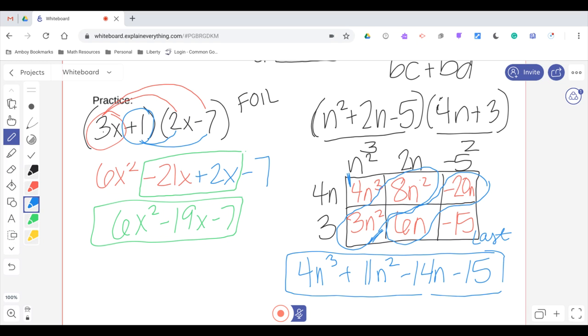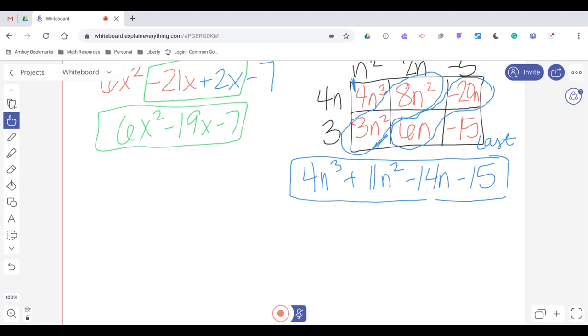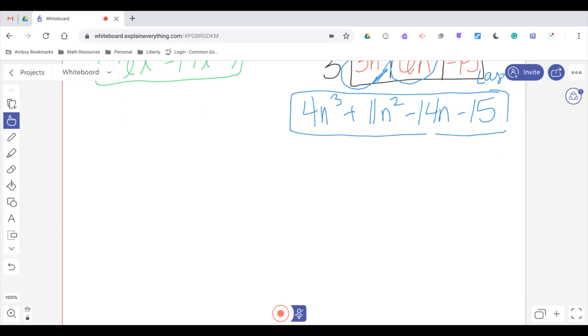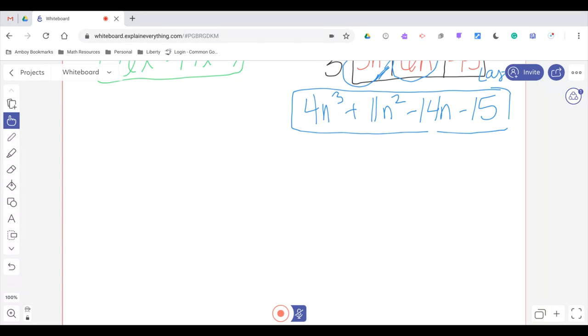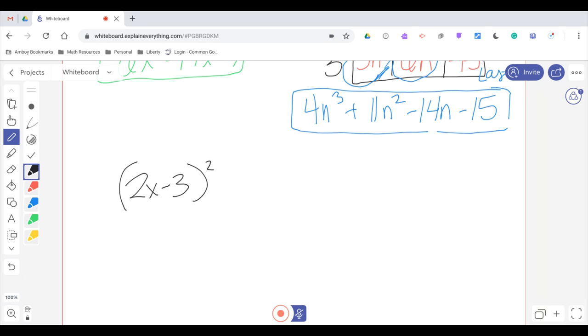Okay. We're going to do one more problem, and actually, I'm just going to start it for you, and then I'm going to let you try to finish it. Sometimes you will see problems written like this. Let's say I had 2x minus 3 altogether squared.